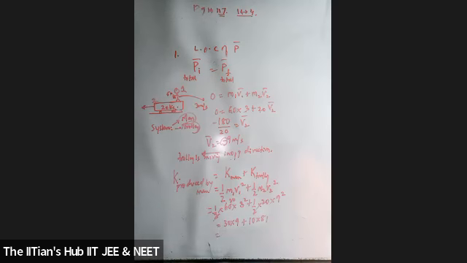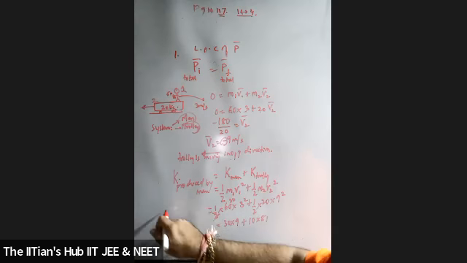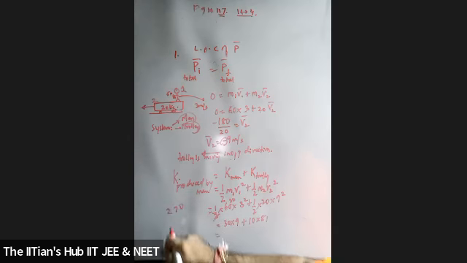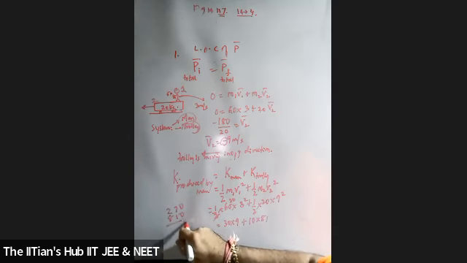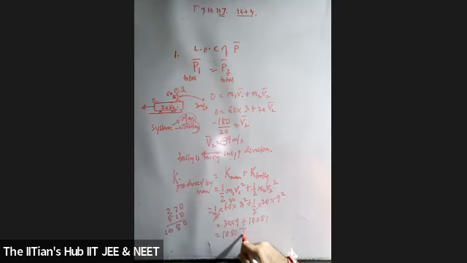What's your answer? 270 plus 810, 1080. Students, क्या ये clear हुआ students? Students, is it clear to all of you? The total energy possessed by the body is 1080 joule.